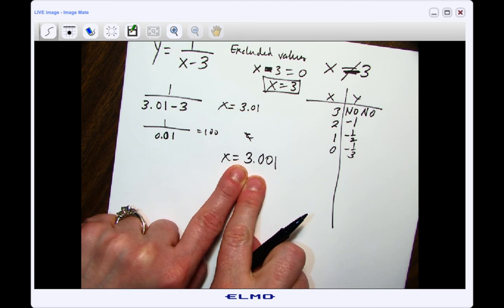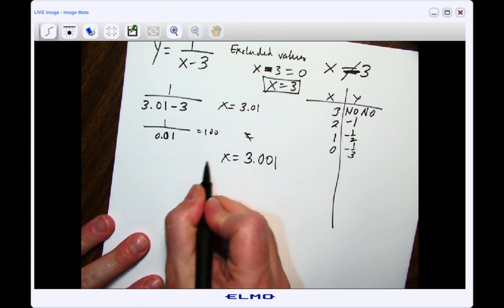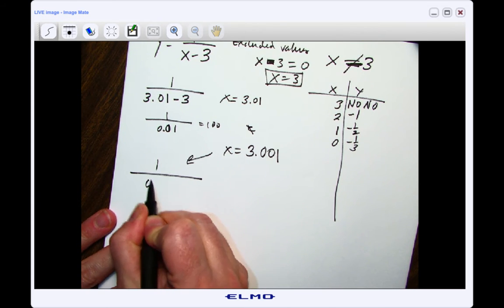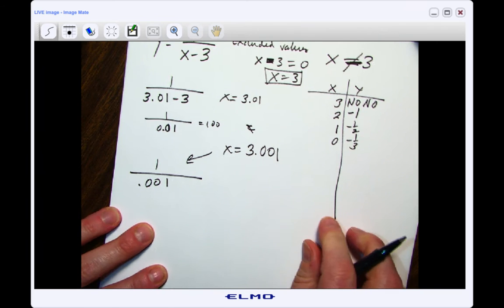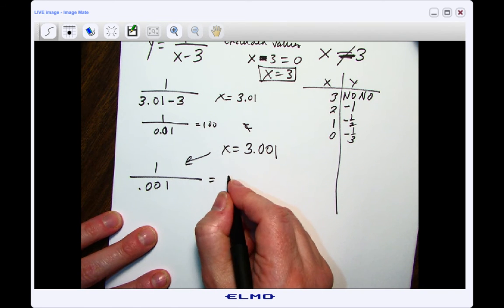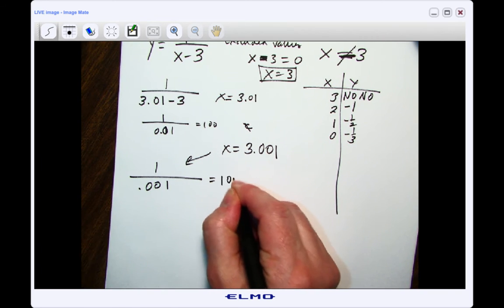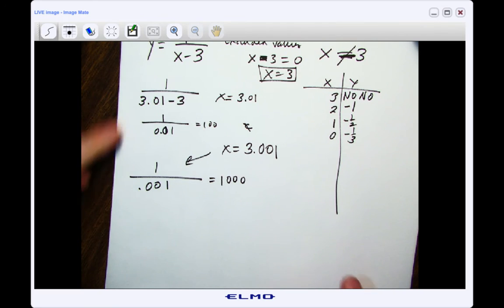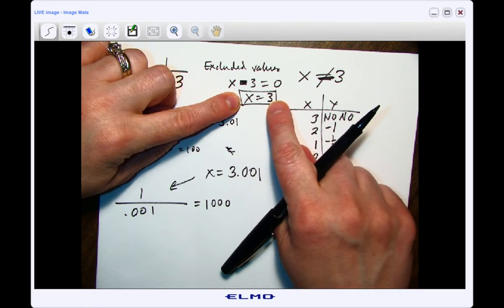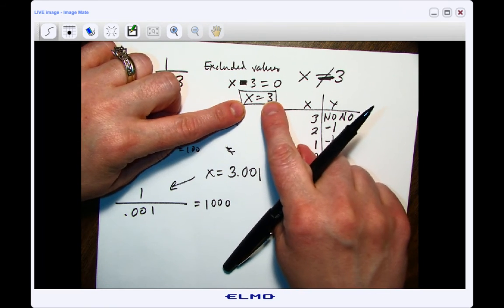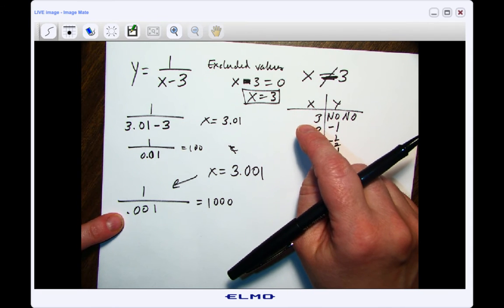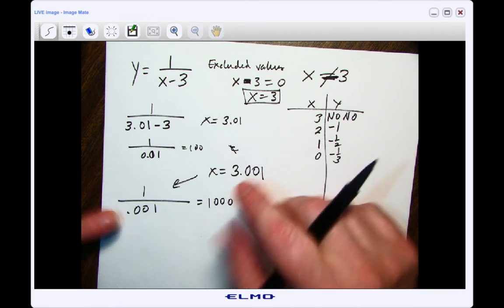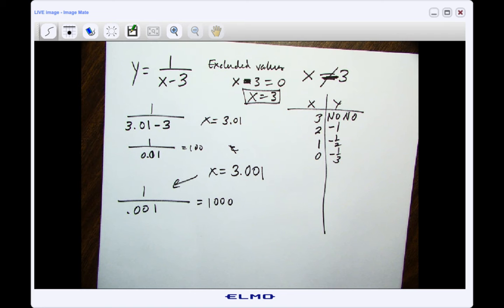Of course, we're going to subtract the 3's, and we're going to have this number again. And now this is 1,000, right? So what's happening here is I'm getting closer to this excluded value. My fraction is actually getting closer and closer to this really huge number, or in other words, infinity.